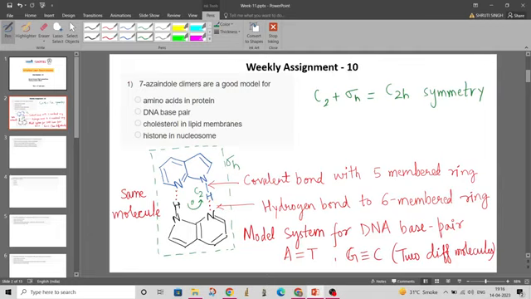So that's it. The question asked whether these dimers are a good model for amino acids in protein. No, they are good models for DNA base pairs. The answer is DNA base pairs.